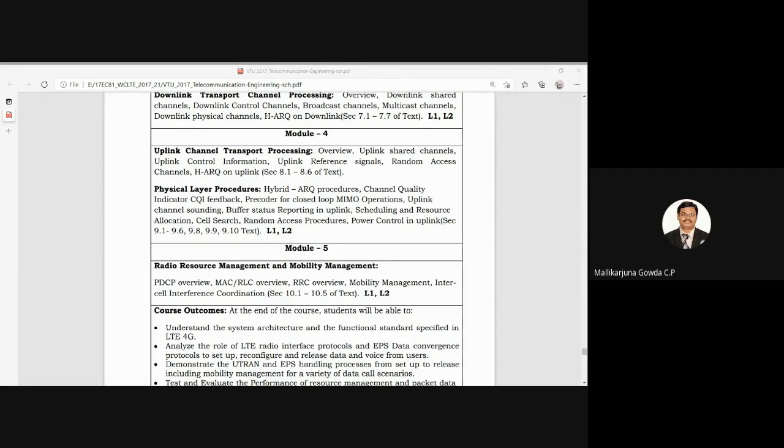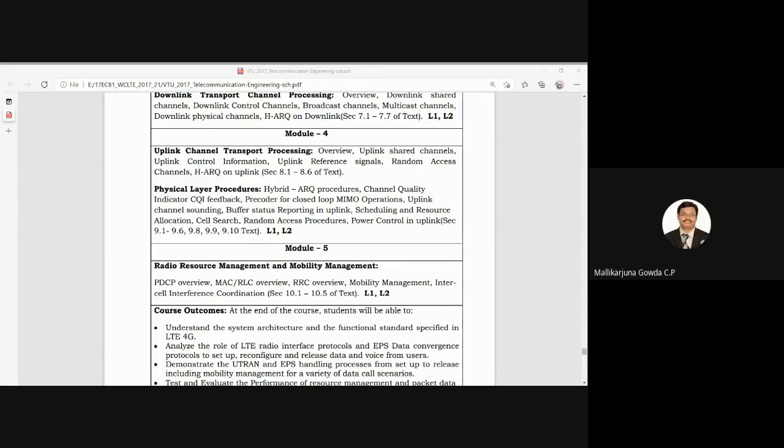I'm asking how many layers are used in TCP/IP? What about others? Anybody can answer. 5, sir. 5 layers, right?